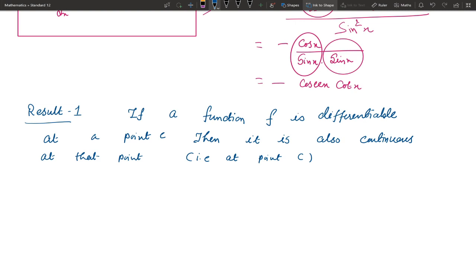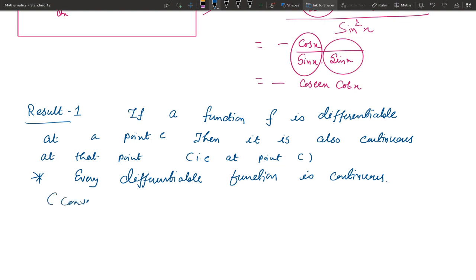The converse of the above statement need not be true.